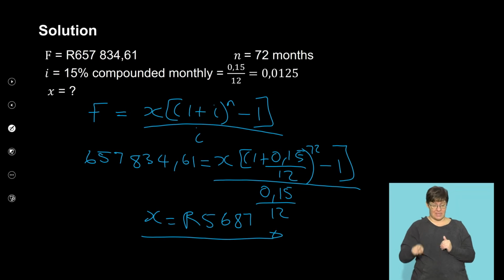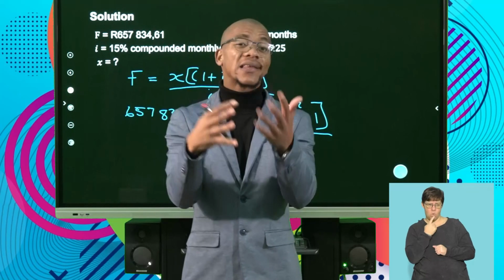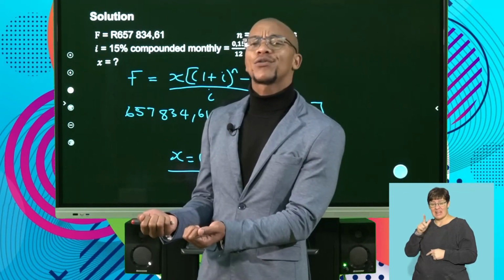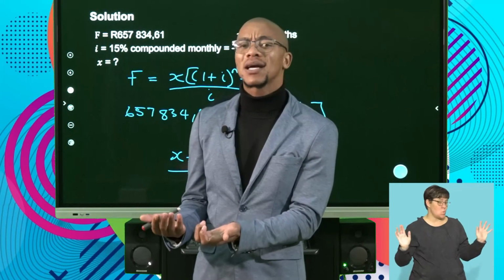So I'm sure you are really thinking about this. It makes more sense for my company that even if I am making a lot of money, let's say for argument's sake, to pay 5,687 rands per month for 72 months than to wait for the 72 months and take out 657,000 from my account as the company.